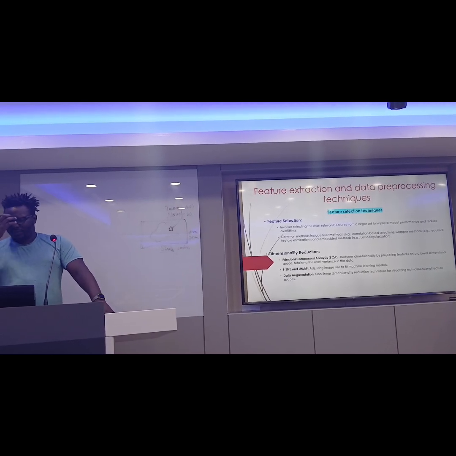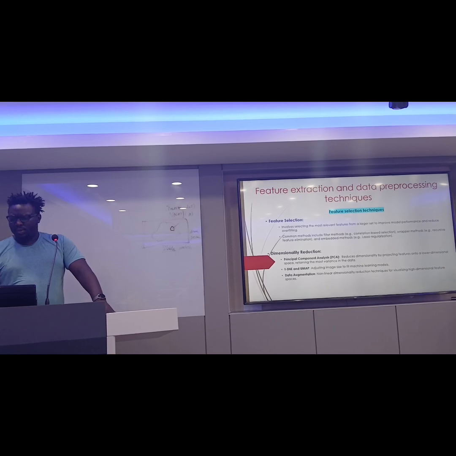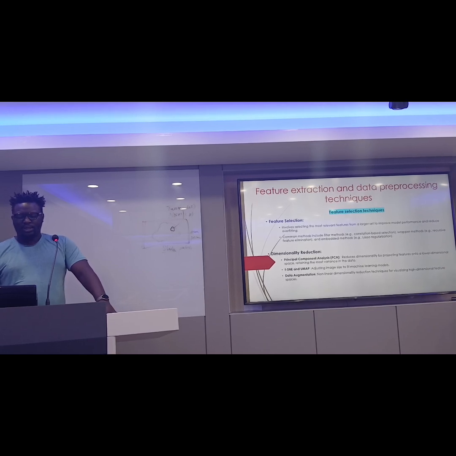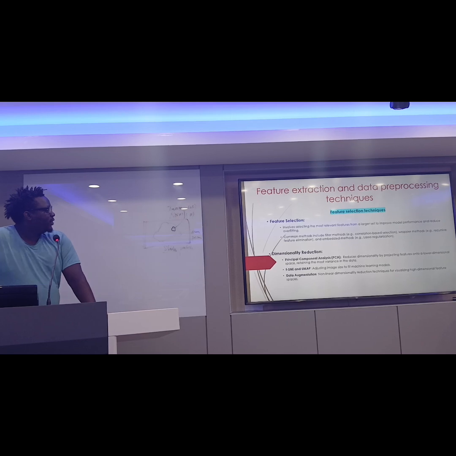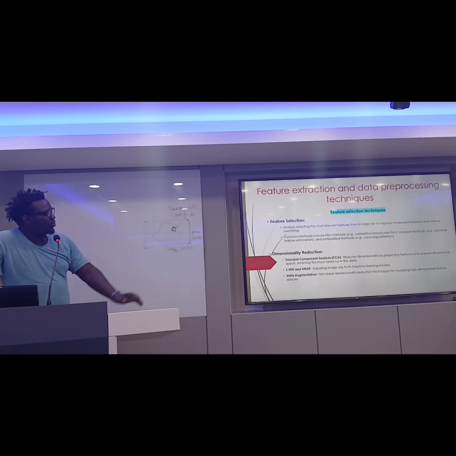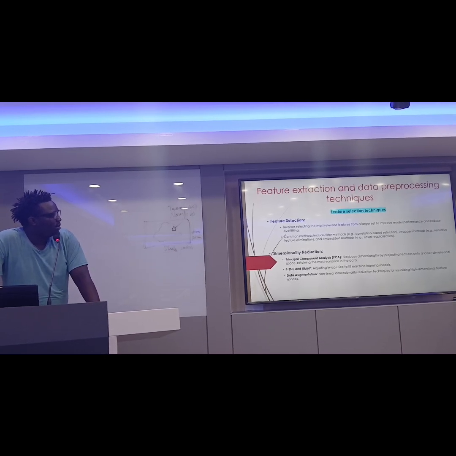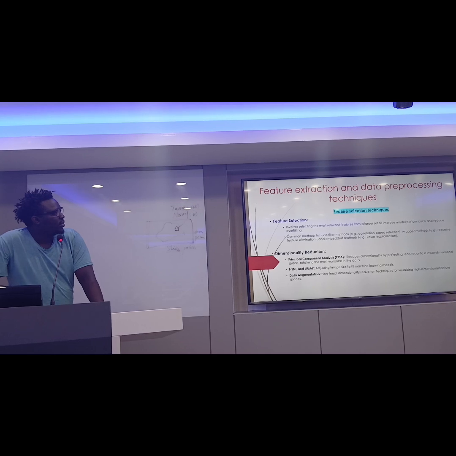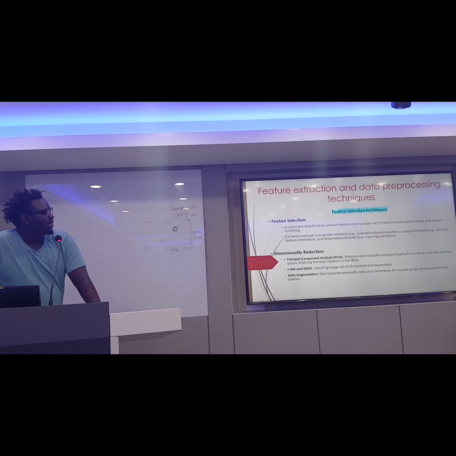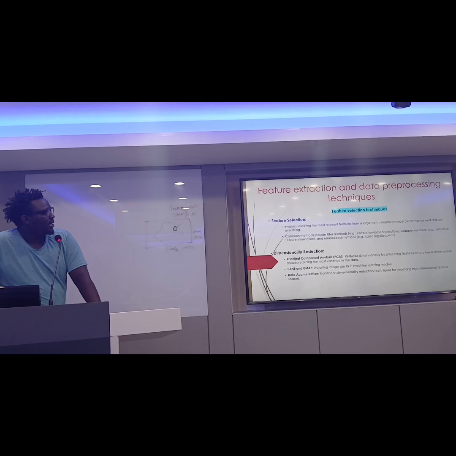So another way for feature selection is dimensionality reduction. In this case, we have PCA, principal component analysis. This is mostly used in unsupervised learning, and it reduces dimensionality by projecting the features onto a lower dimensional space, retaining the most variance in the data.